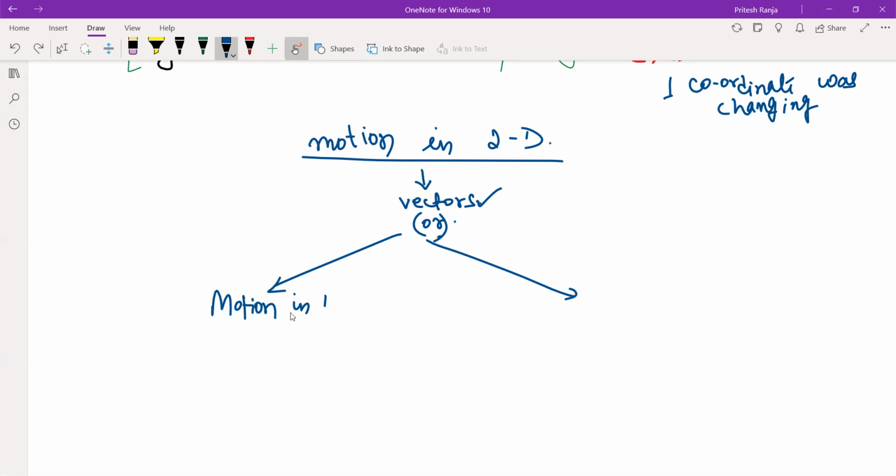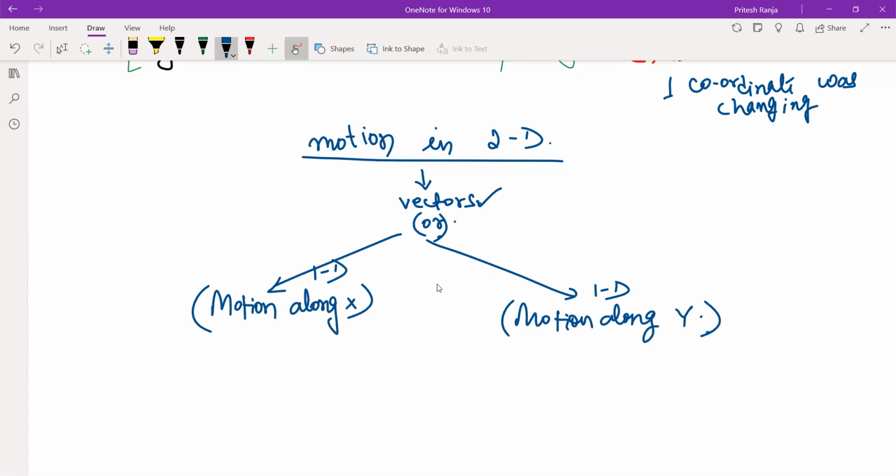So of course, if I just write motion along x, it is one-dimensional motion, right? This is one-dimensional motion, and motion along y. So we will deal with these motions separately.